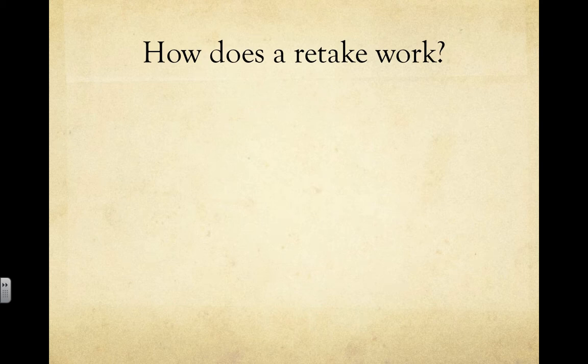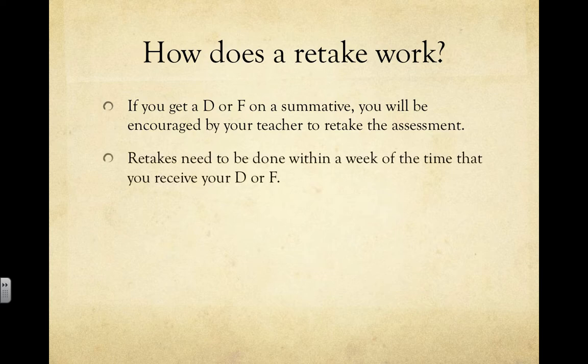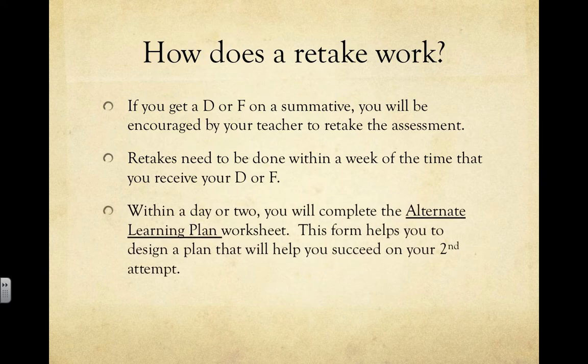So how does a retake work? Well, if you get a D or an F on a summative, you'll be encouraged by your teacher to retake that assessment. Retakes will need to be done within about a week of the time that you receive your D or an F. Within a day or two, you'll be reviewing your assessment and completing what's called an alternate learning plan.